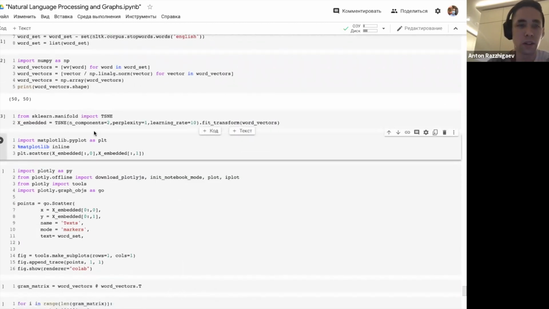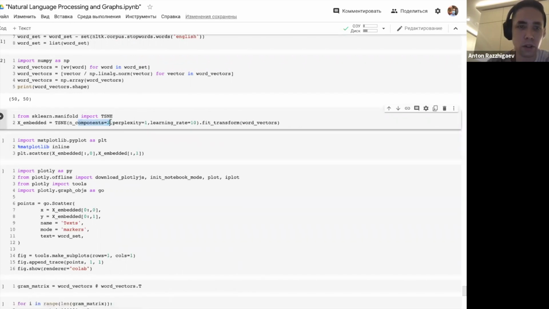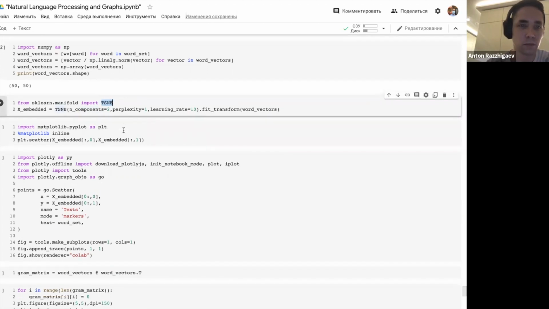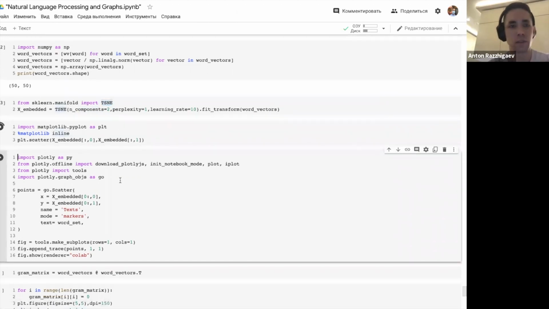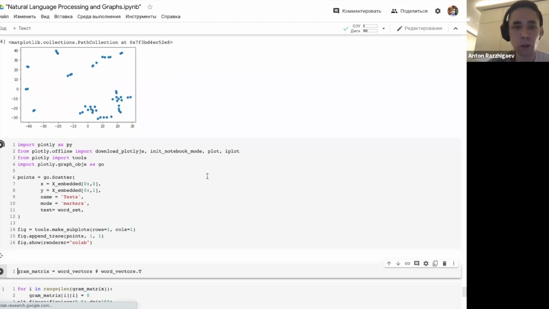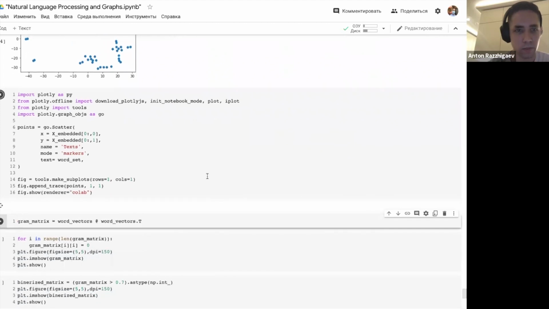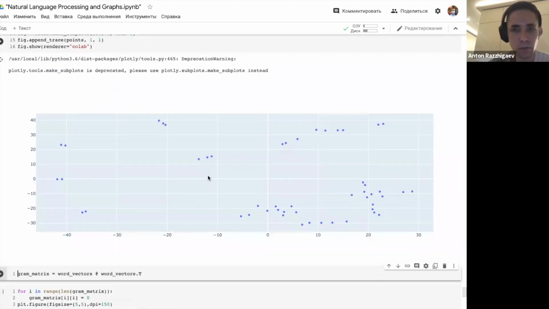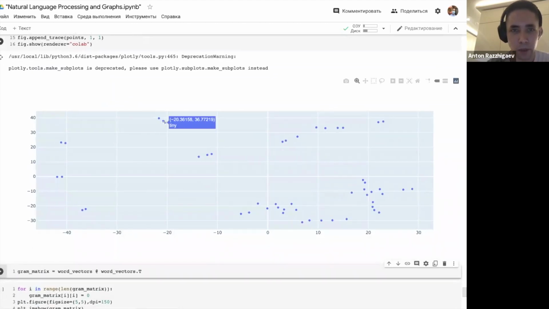Now we squeeze the dimensionality of our vectors to 2 dimensions with the help of the TSNE manifold method. Now let's interactively plot it. Well, okay.